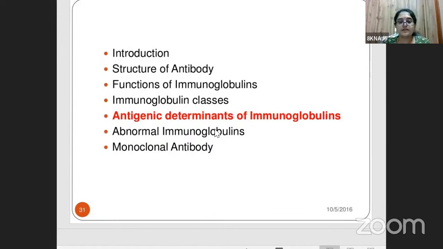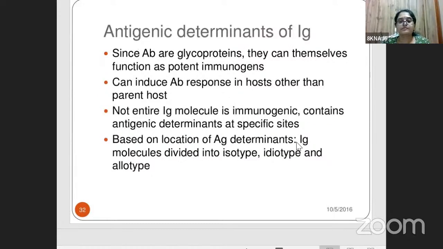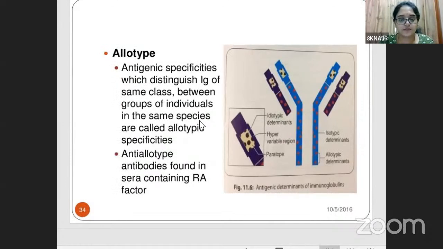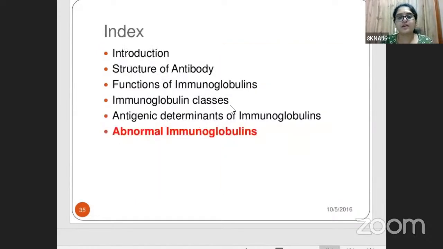Now the functions, let us have a look at it. We have just seen how they act as antigens because of the presence of glycoproteins. They function as potent immunogens and can elicit an antibody response. So you have isotype, idiotype, and allotypes.